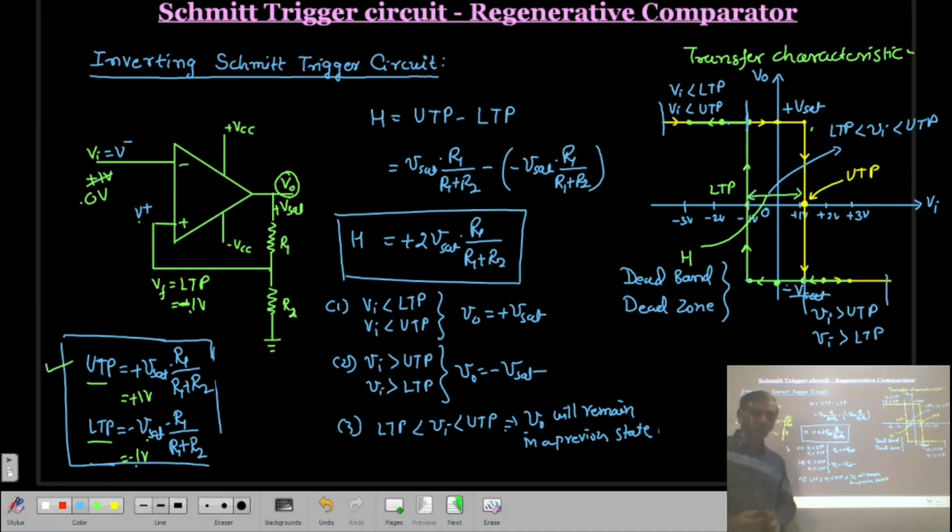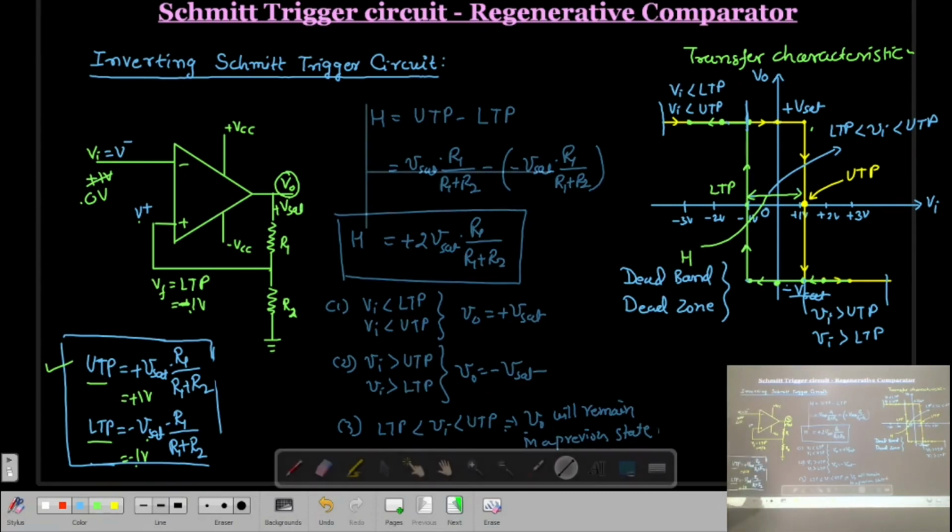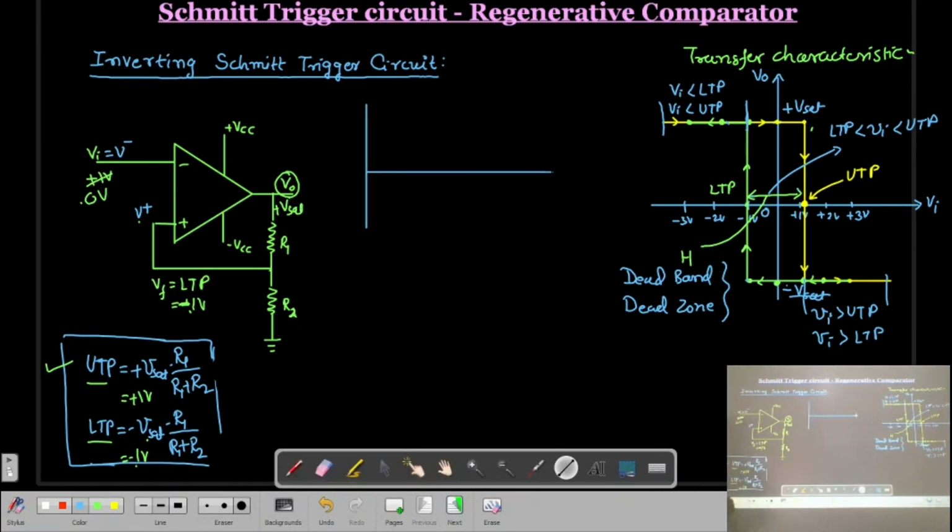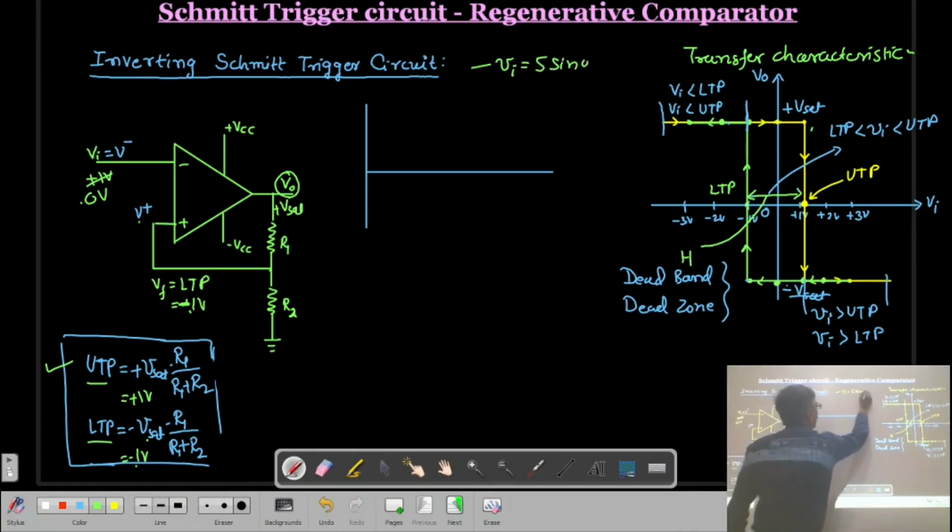Now we will take one simple example and you will see how a sine wave is converted into a square wave. Suppose my input voltage to the Schmitt trigger circuit is 5 sin omega t, meaning the amplitude of the signal is 5 volts, and you can draw this waveform like this.